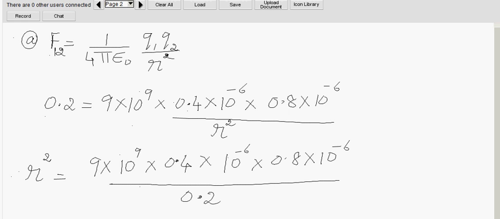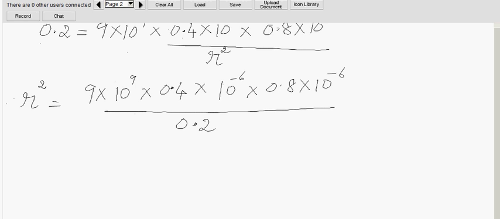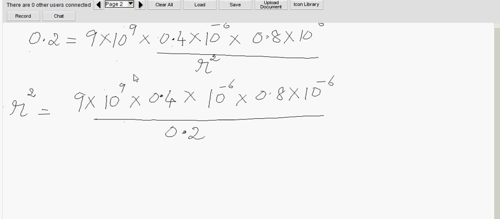Do the calculation. So here 10 to the power 9, 10 to the power minus 6, minus 6. That will give you 10 to the power 9 minus 12.